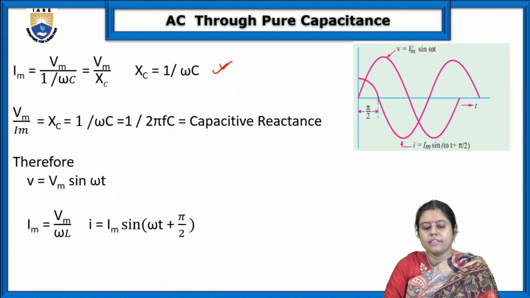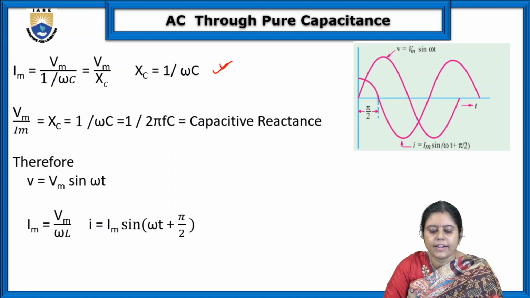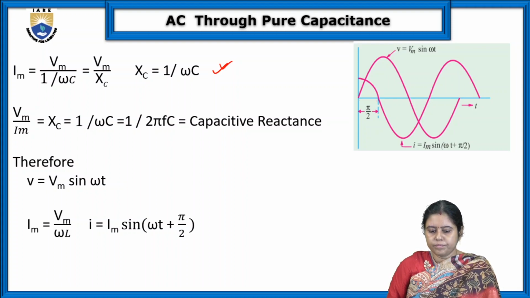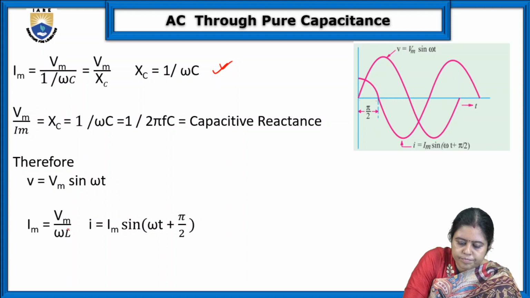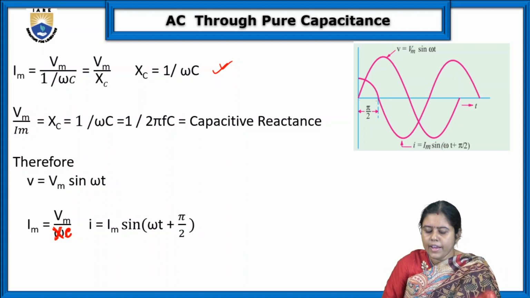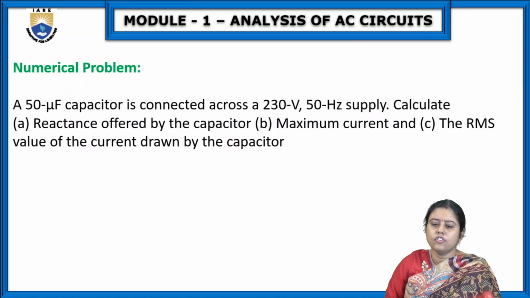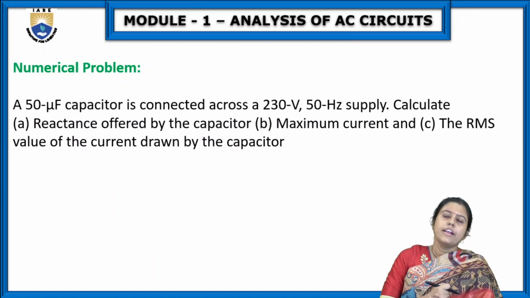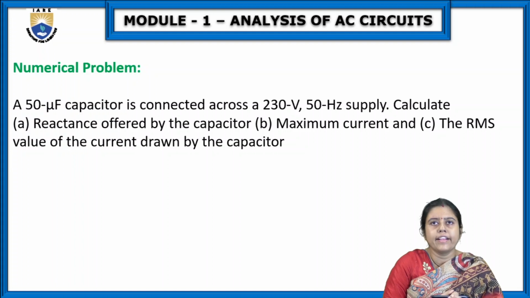So this is known as the capacitive reactance. So Im is equal to Vm by XC. So it is the AC through a pure capacitor.